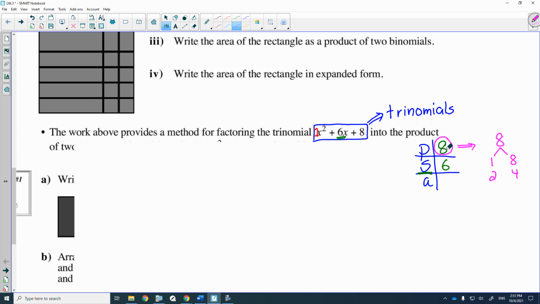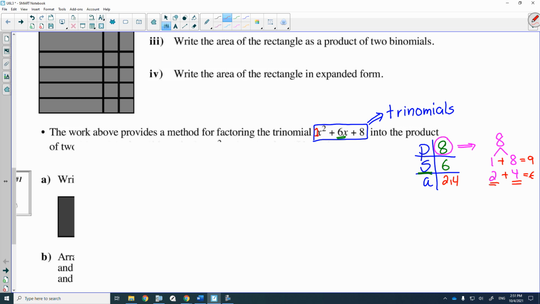What we need to find is which of these numbers would sum to 6. So 1 plus 8 would give us 9, and 2 plus 4 would give us 6. I am looking for the two numbers that multiply to 8 and sum to 6. Those two numbers are 2 and 4. And that would be your answer.